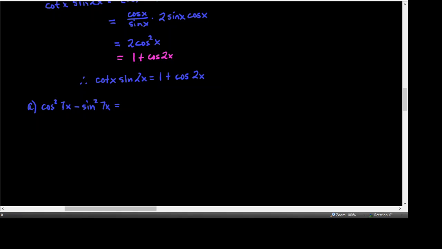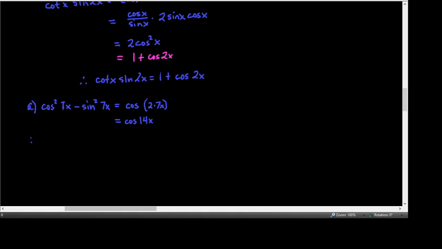So cosine squared a minus sine squared a is equal to cosine of 2a. So this is going to be equal to cosine of 2 times whatever that argument is on the left side. And of course, that will be cosine of 14x. Okay.